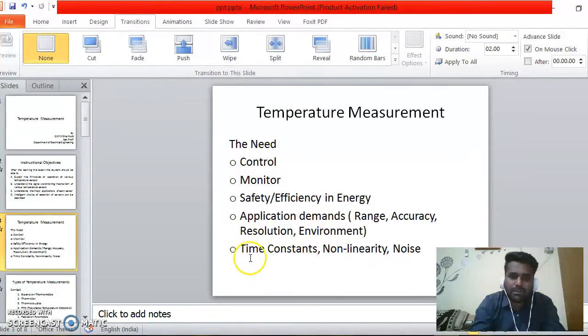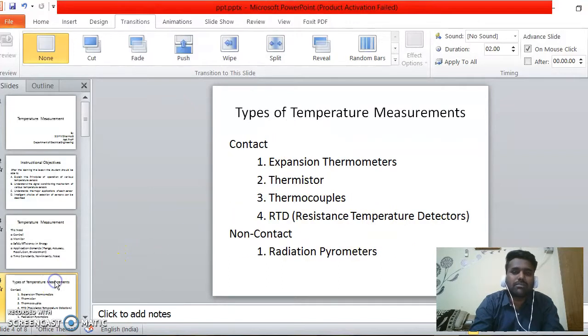Each and every temperature measurement system operates with time constants involved in the system. As it has a time constant, it will definitely be a non-linear system, because of the noises that are created. Sometimes noises may come from the environment as well as the system itself. So this is the basic need why we have to study these temperature measurement systems.